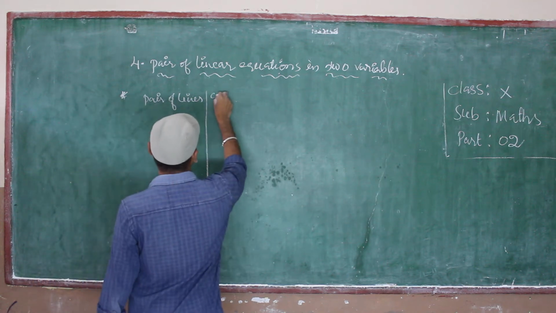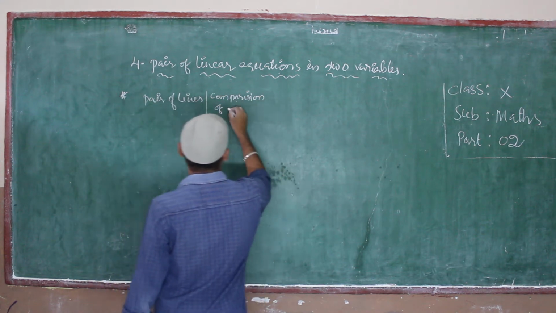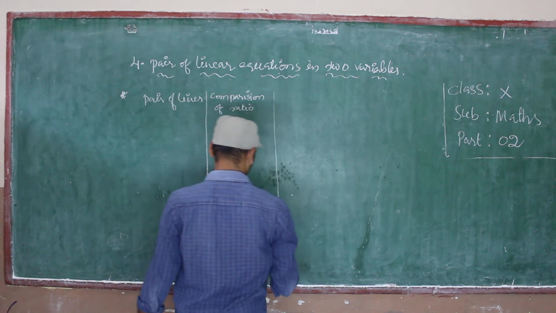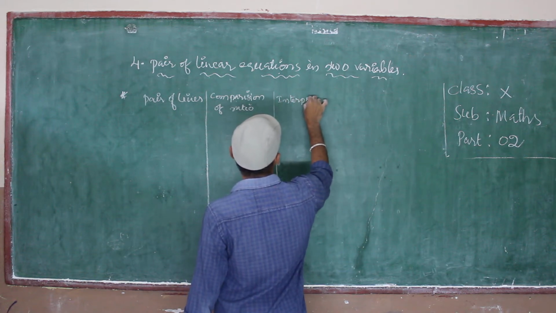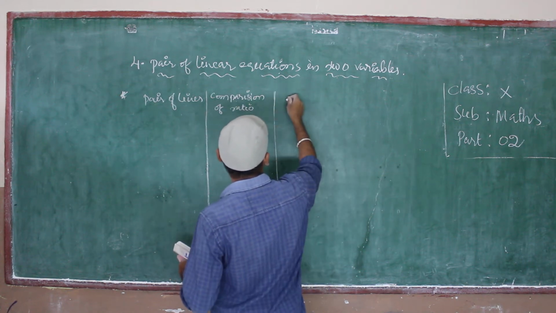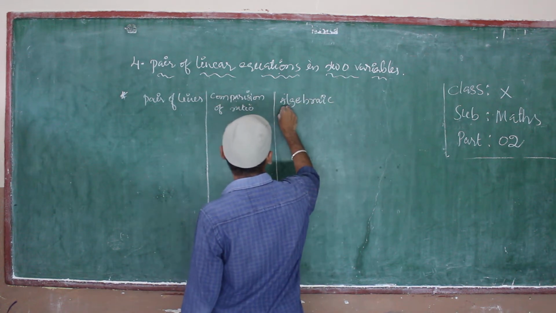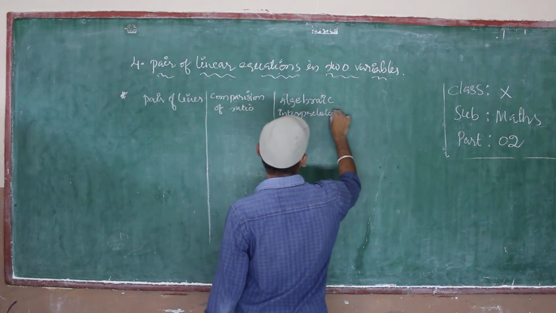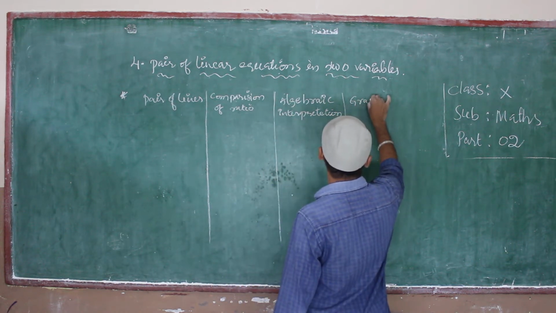The second one is comparison of ratio. Next, interpretation or algebraic, graphical representation.